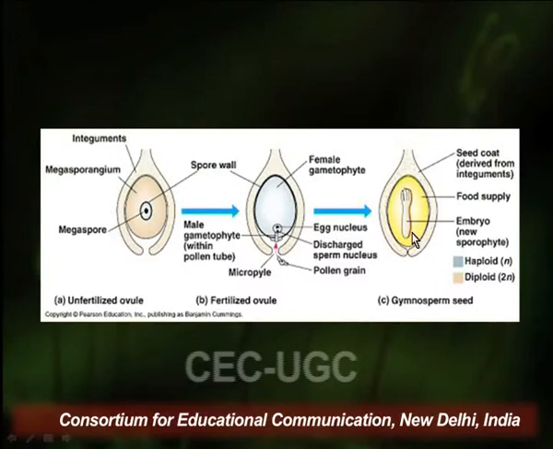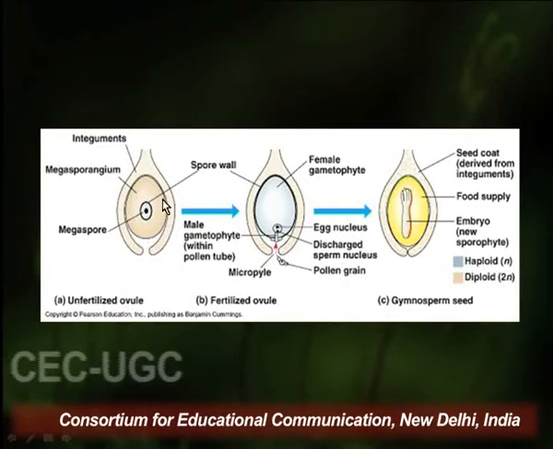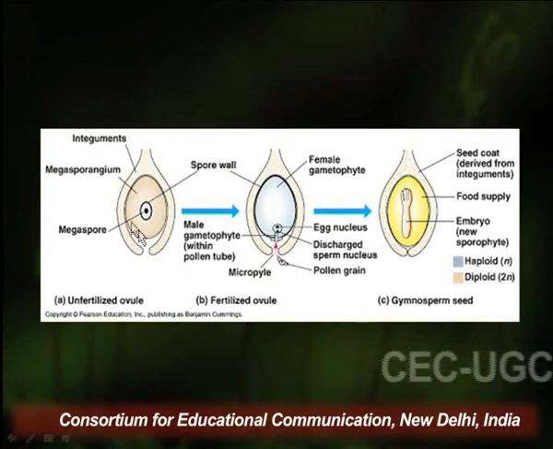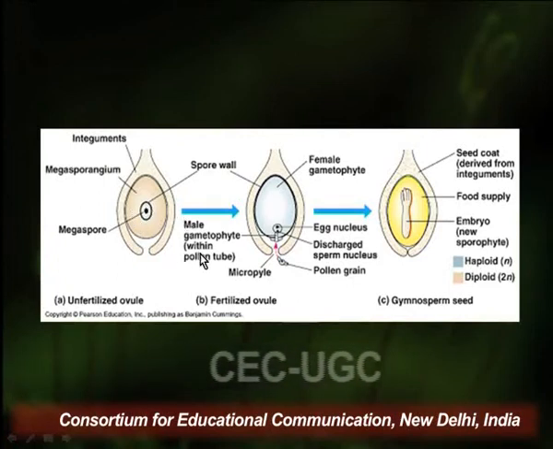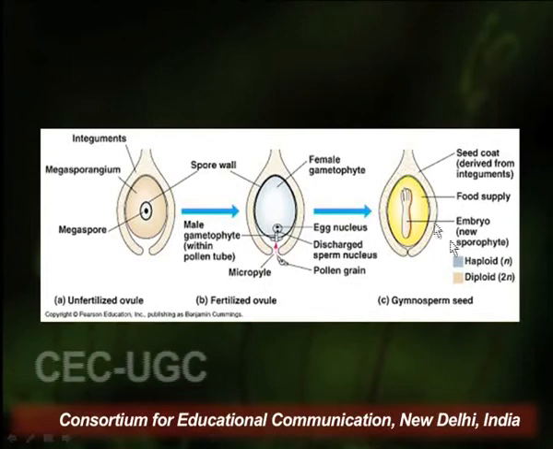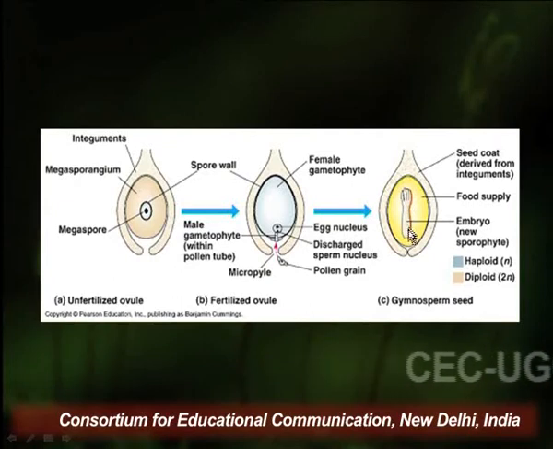This can be represented with the help of this diagram, where the unfertilized ovule contains a megaspore. The nucellus, also termed the megasporangium, bears a spore. The megaspore is approached by the male gametophyte, which is represented by the pollen grains, and then after fertilization the embryo is formed inside this nucellus.